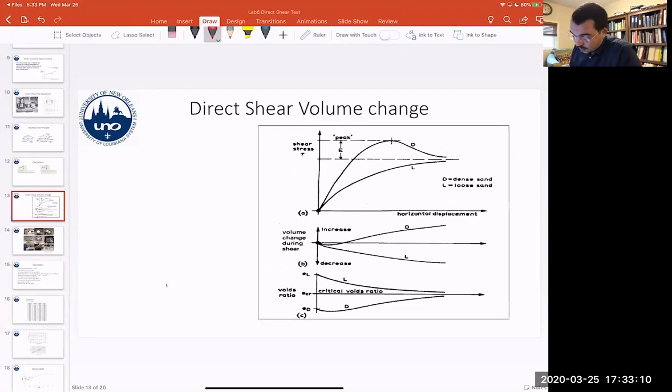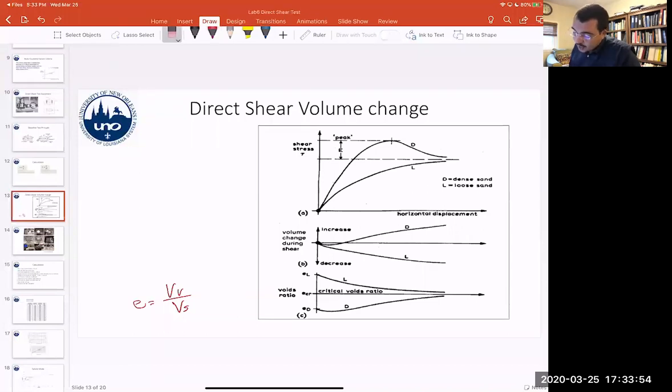Volume of voids over volume of solids. You should remember that.